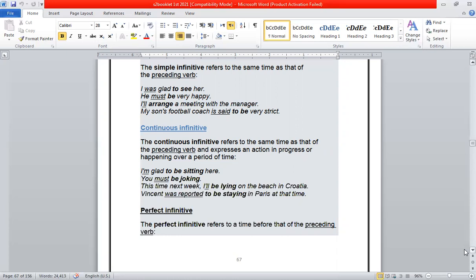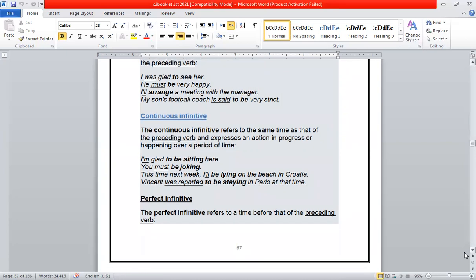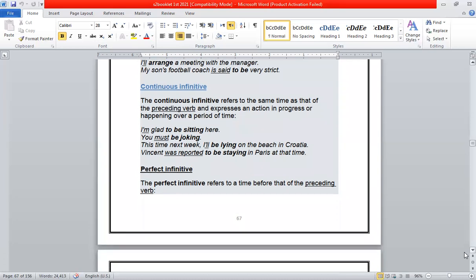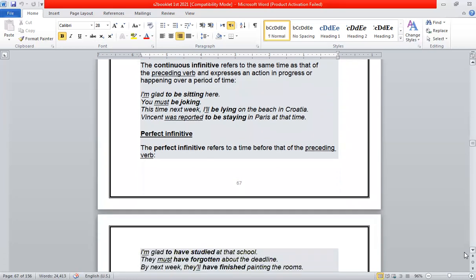When I sit, I'll be glad. This time next week, I'll be lying on the beach in Croatia. So when I lie on the beach, I will be in Croatia, and I will be happy. So talking about the future at the same time.